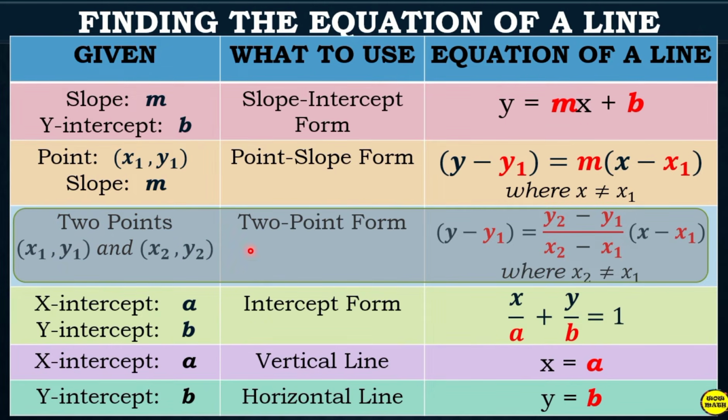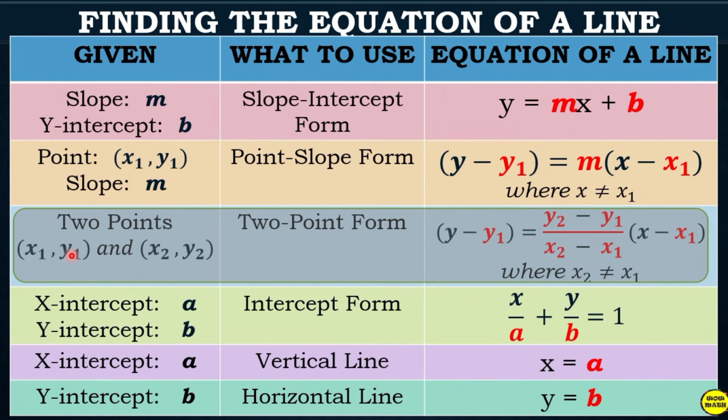Ito naman yung kapag 2 points ang given, kapag 2 points ang ibinigay sa inyo, then we will be using this formula for the equation of the line. So, ito po ang gagamitin natin. Hindi kagaya ng dalawang previous video natin, ang given is slope and intercept. Yung pangalawa ay point and the slope. Now, this time, wala tayong slope, just 2 points.